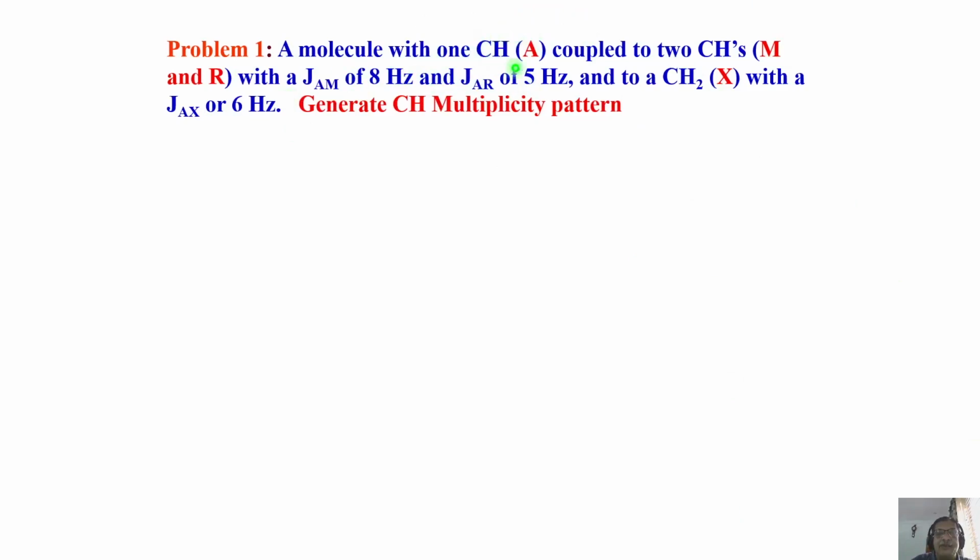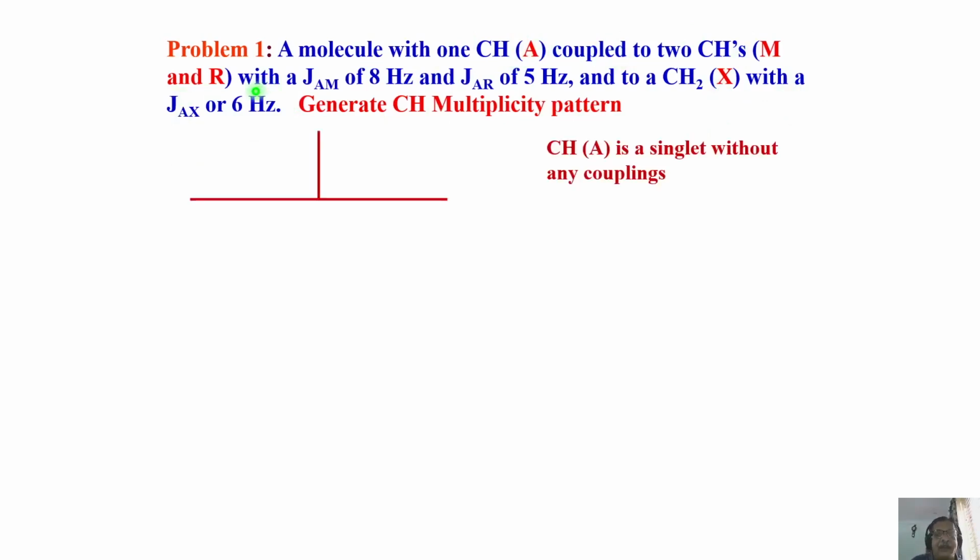Let us say this proton is coupled to two other protons, CH, one with a coupling of 8 Hertz, the other with a coupling strength of 5 Hertz, and also to a CH2 group with a coupling strength of 6 Hertz. Remember, exactly the same problem was discussed and we generated the multiplicity pattern.